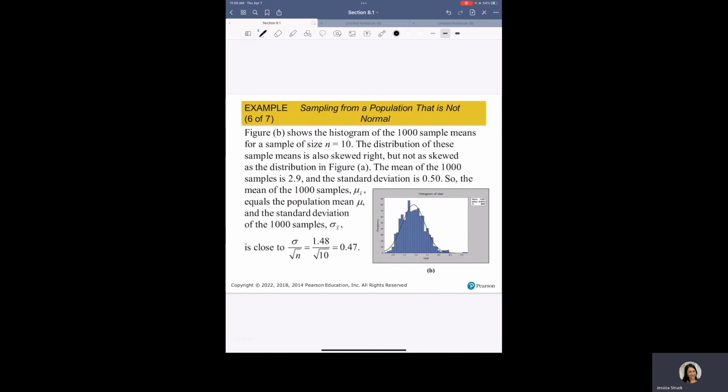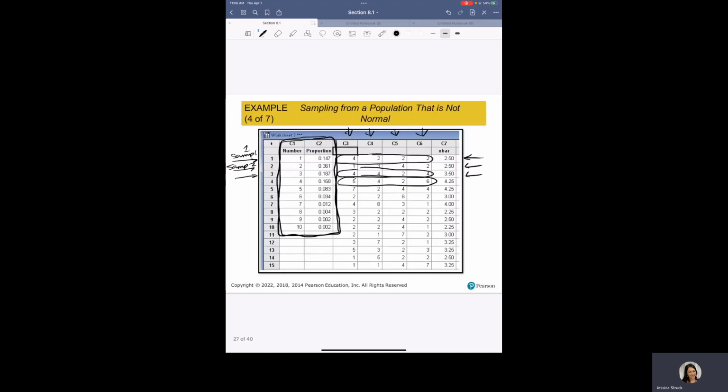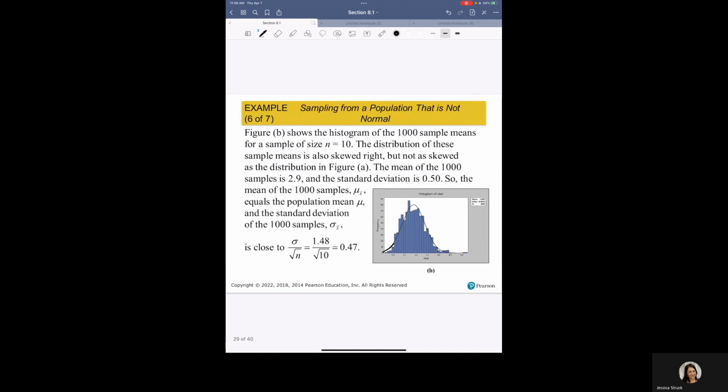But what if now I changed my sample size to 10? Instead of taking samples of size 4, say we repeated this process and made another chart, but instead we took samples of size 10. Well, as you would expect, this becomes less skewed right. We're getting a little bit more normal. In fact, the means don't change.